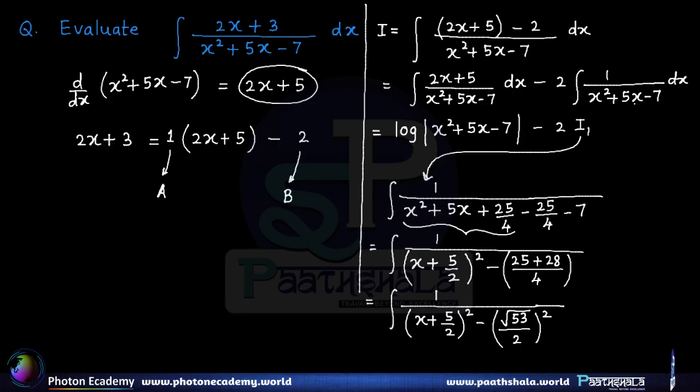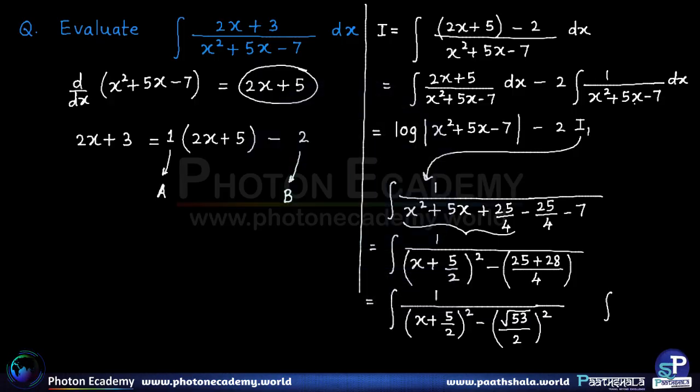Now this is of the form, once again, integral of 1 upon variable square minus constant square.